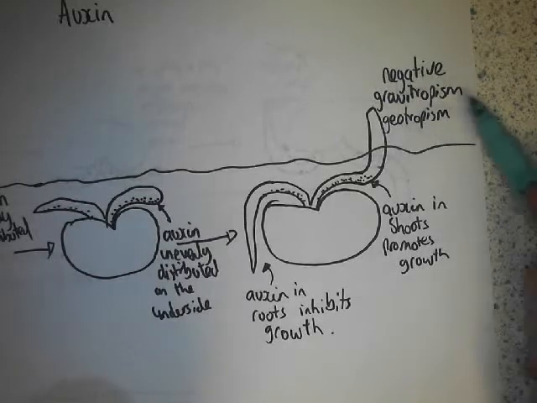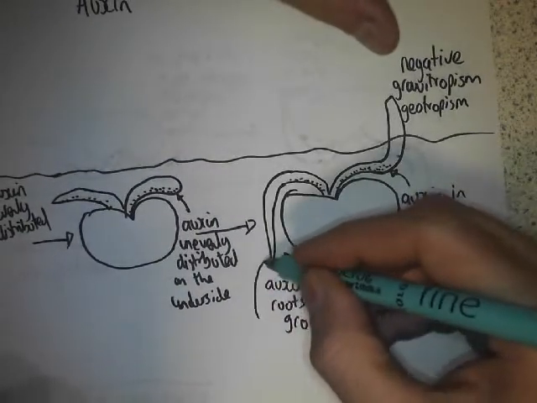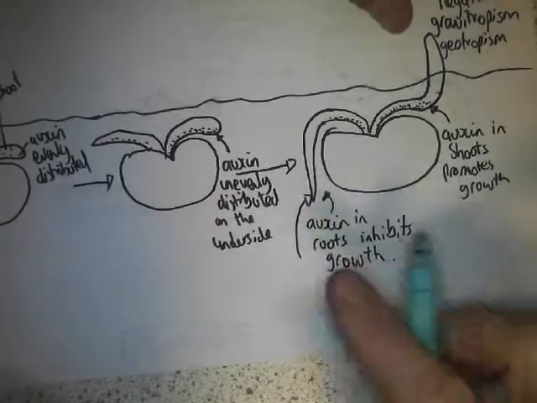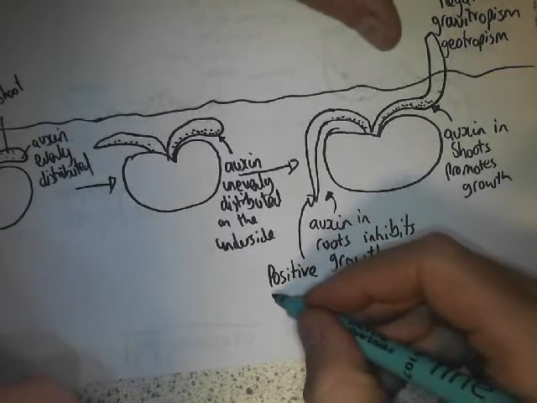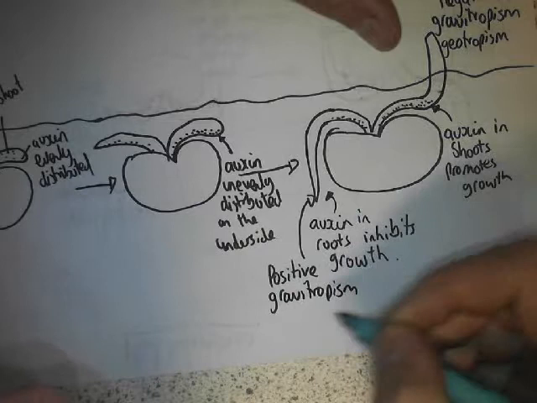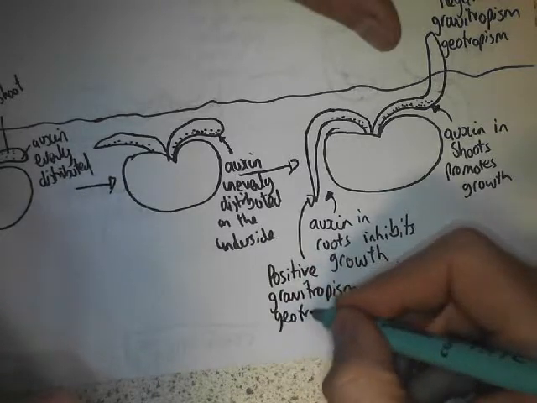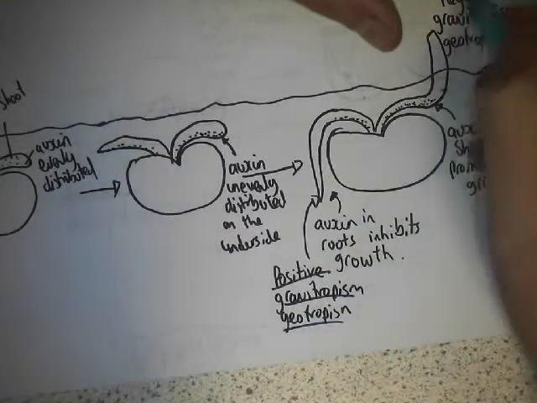It just means growing away from gravity, but this is negative, so it's growing away. So what do you think this one is? Positive geotropism or gravitropism. And they are your key phrases there.